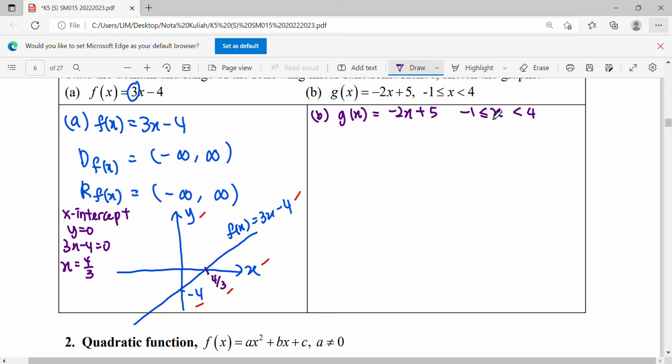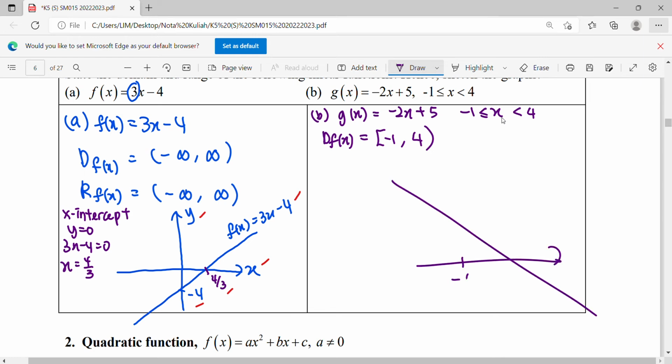No, so our domain here has to follow the question's condition. The condition is starting from -1 until the value of 4 only. So means our graph here, originally you can draw a big graph, but they just want -1 up to 4. They want this part only.